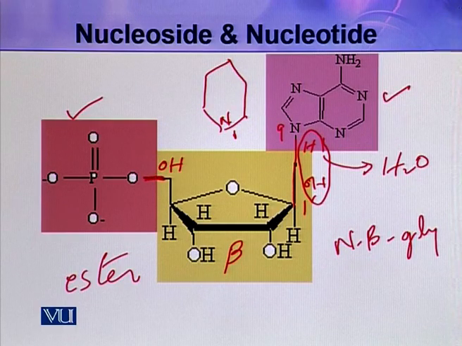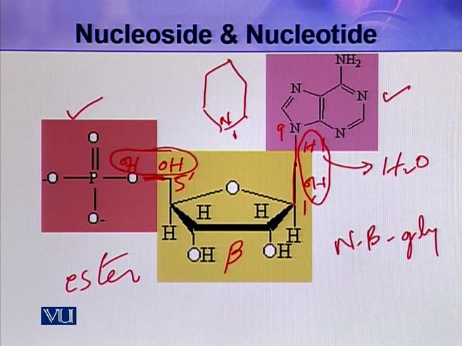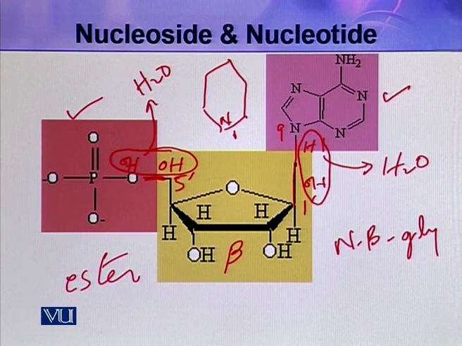This is 5' of the pentose, and at this 5' a hydroxyl group is present. To this hydroxyl group, the hydroxyl group of phosphoric acid is attached. When these two hydroxyl groups are attached, they eliminate a water molecule, and with the elimination of this water molecule, a bond is established, and this bond is called an ester bond.